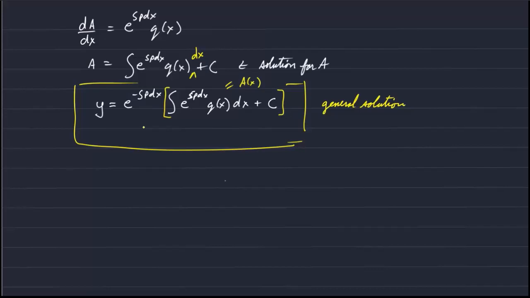Now the other aspect about this equation I'd like to point out is that this term gives the term of c e to the minus integral p dx, which is a constant times this function. And you should recognize this is the solution to the homogeneous case.